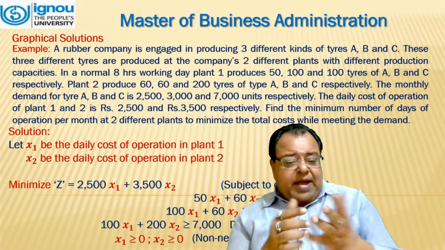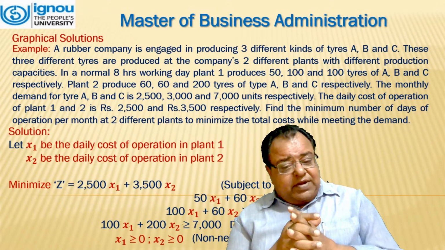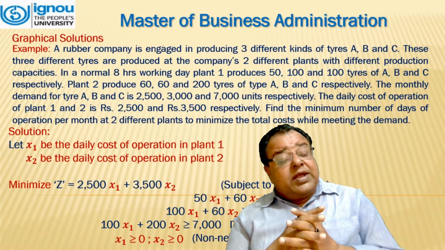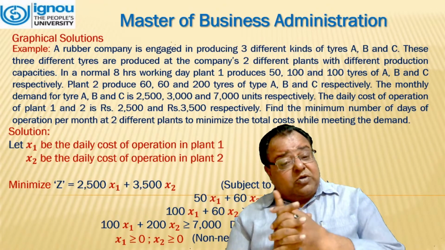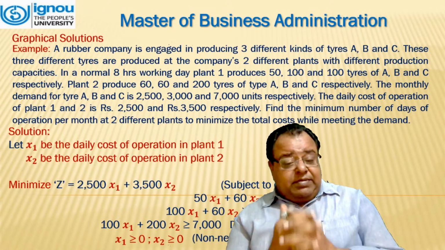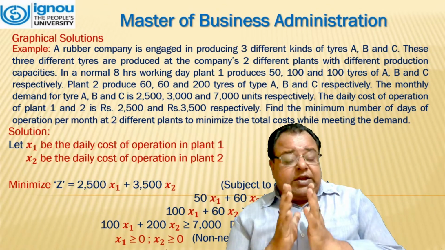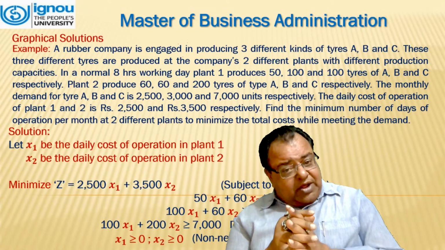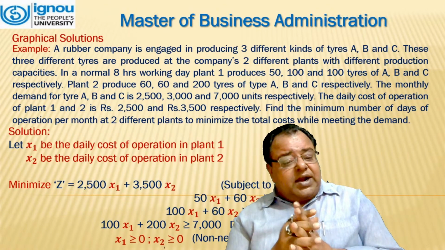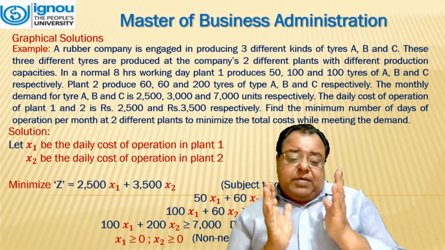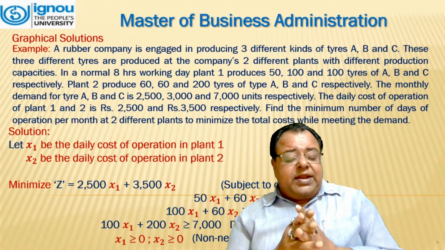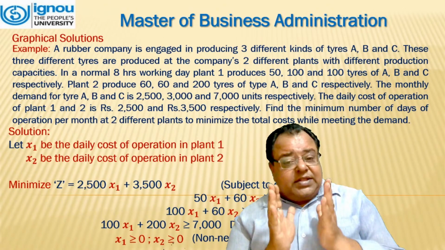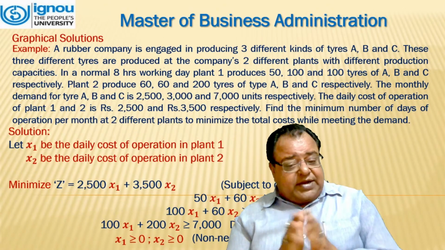Going back to equation 1, it will be 50x1 plus 60x2 greater than equal to 2,500. Similarly, for the second case, it will be 100x1 plus 60x2 greater than equal to 3,000. And for the third equation, it will be 100x1 plus 200x2 greater than equal to 7,000. These are the demand constraints.